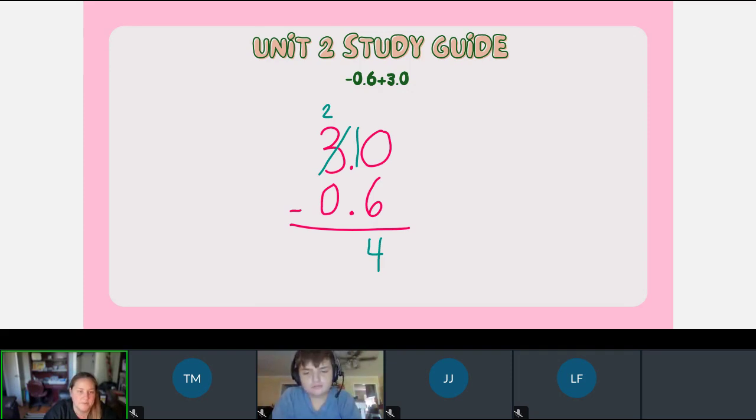Bring your decimal down. 2 minus 0 is just 2. Then we need to check the sign of our larger number. Our larger number is 3.0, which is positive. So that means our answer is positive. So circle 2.4. That will be your final answer for number 3.